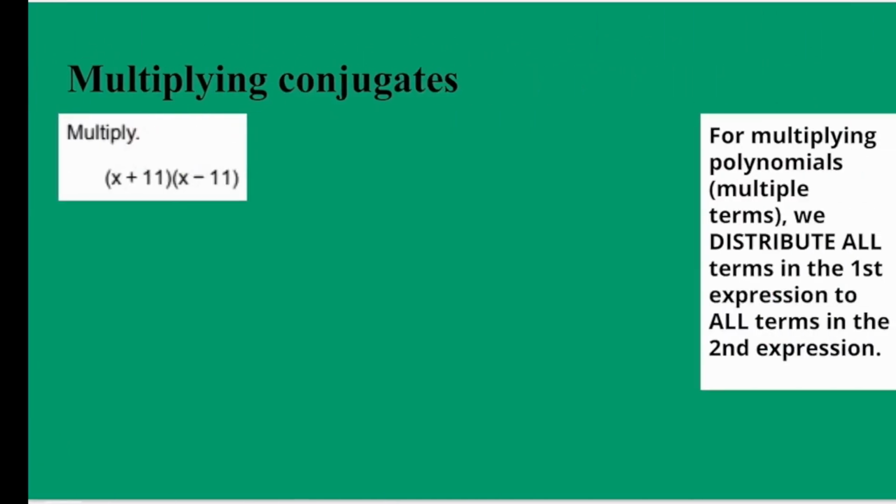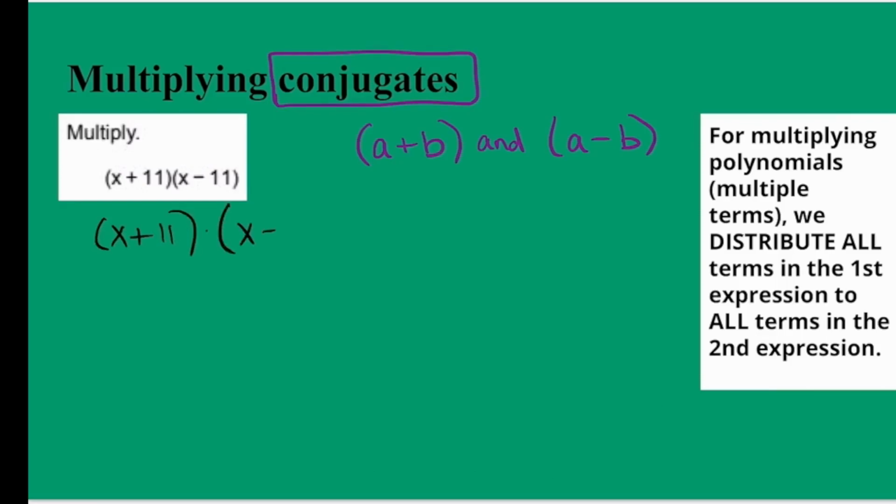So now we'll talk about a special case, conjugates. Two conjugates look like this, a plus b and a minus b. So pretty much they have the same terms, but one's positive and one's negative. This is that case. x plus 11 times x minus 11. It doesn't matter which method you use to multiply, we're still going to distribute.